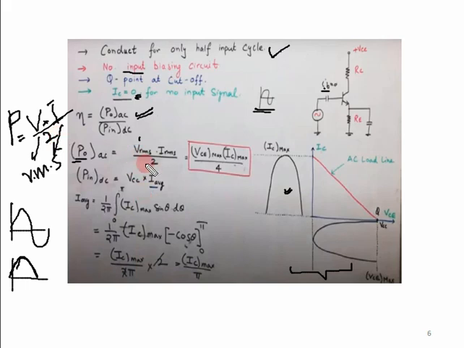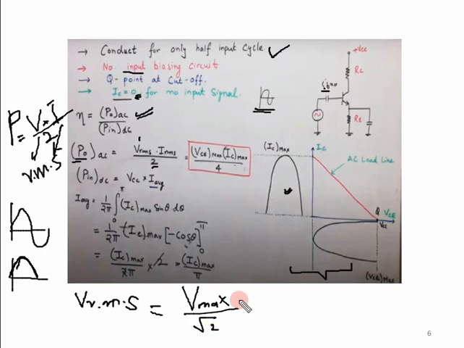So that's why I say this is VRMS times IRMS divided by 2, representing the fact that this is class B operation for a specific half cycle. Now I can rewrite this RMS value as Vmax divided by root 2.